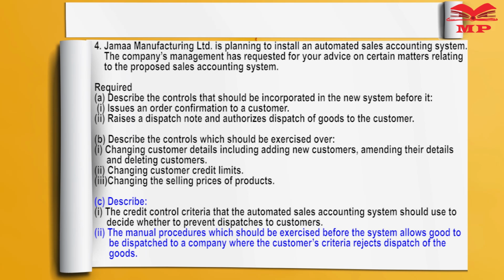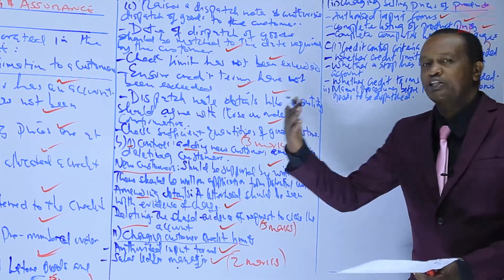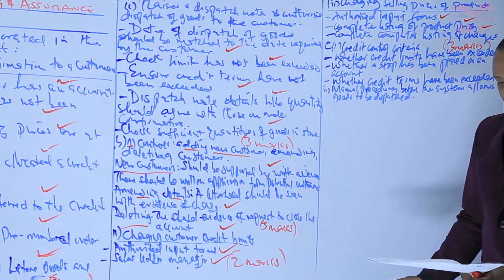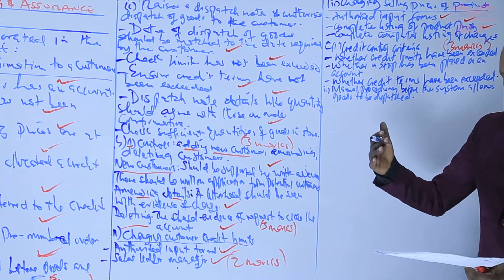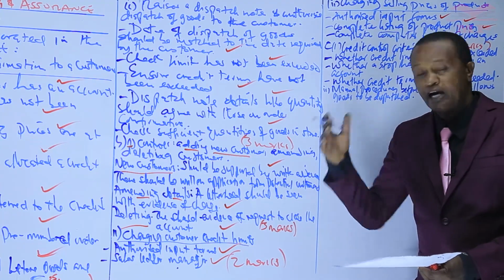The question is, where the computer's criteria rejects dispatch of the goods, what are the manual procedures which should be exercised? So there are times when the computer can reject dispatch of goods to a customer.